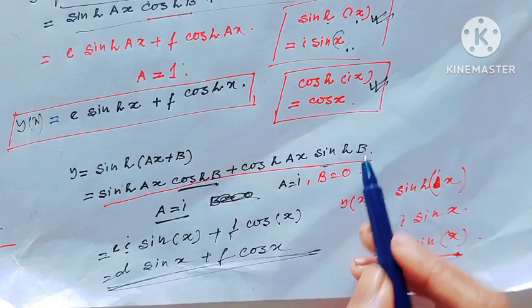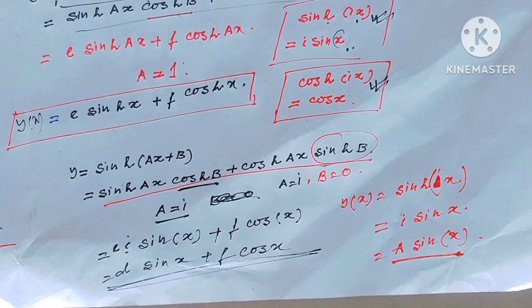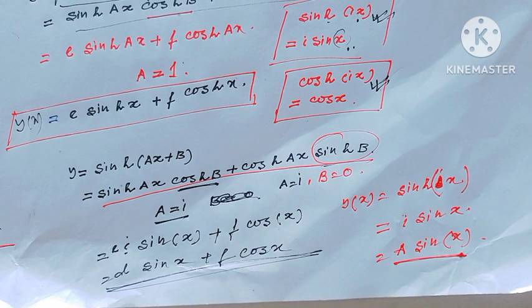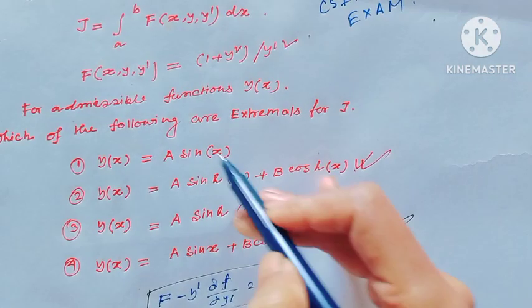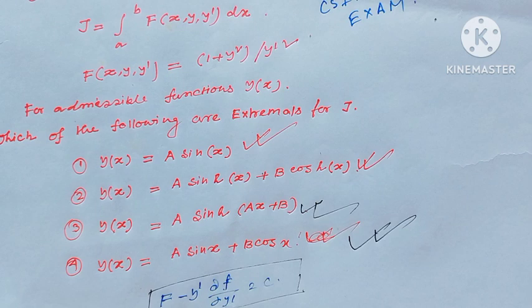Since B equal to 0, obviously this part would be 0, because sine 0 means obviously 0. Sure, so option 1 is also a right option. That means option 1, option 2, option 3, option 4, both are the functional of this extremal. Have you understood now?